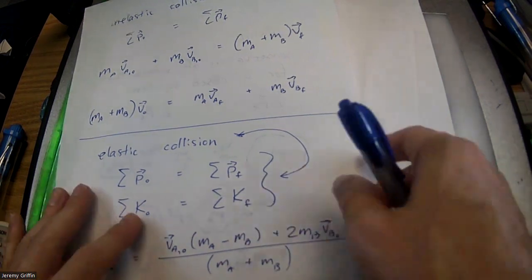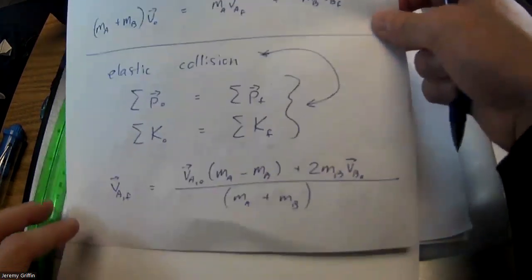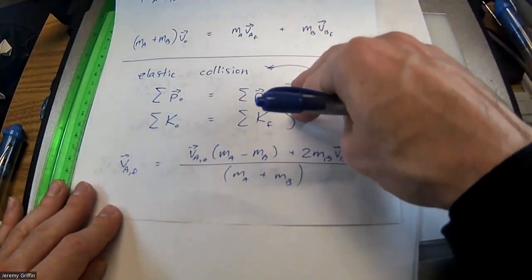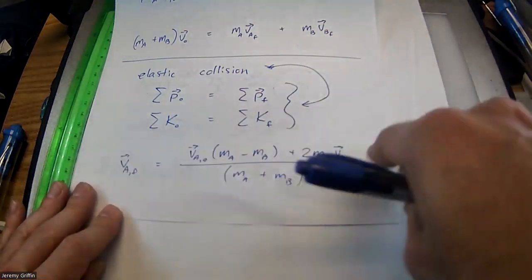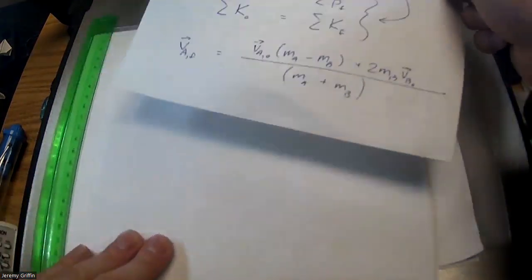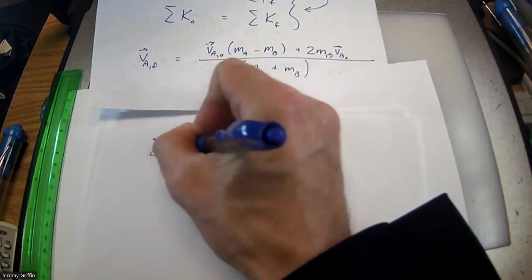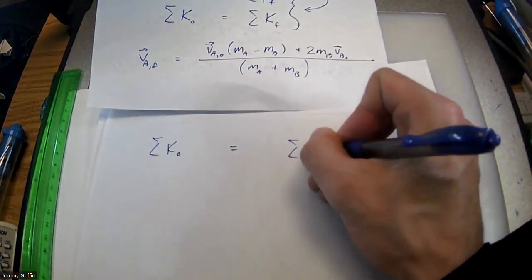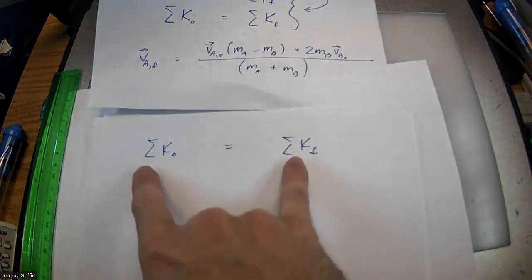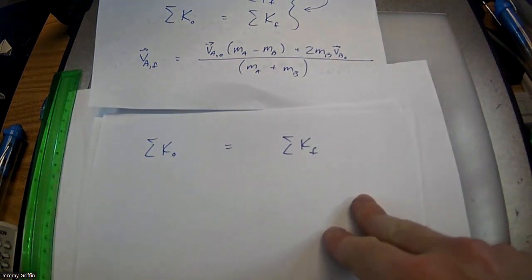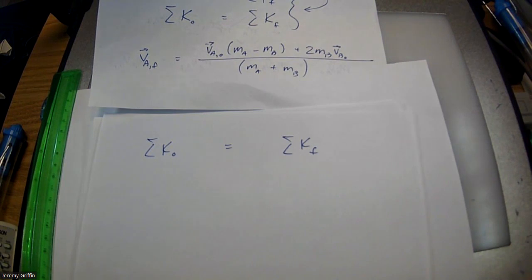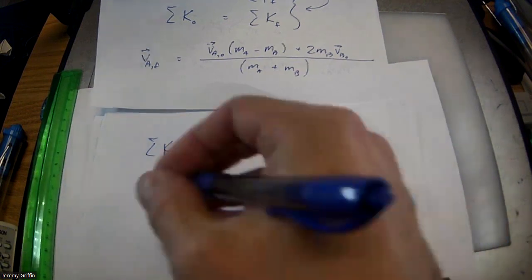Right? Actually, let me write out this bottom condition. I should do that. Because I'm telling you that the answer to this system is this crazy system. But you don't really have to know this for AP. Right? What does that actually look like? Can you guys beat me to the answer too? Sum of kinetic energy initial equals sum of kinetic energy final. Okay. When I say this, can you guys write that out long form for, like, very simply two objects colliding?